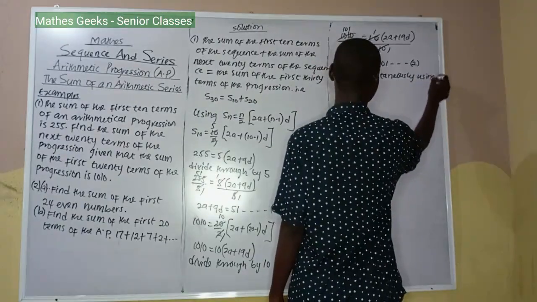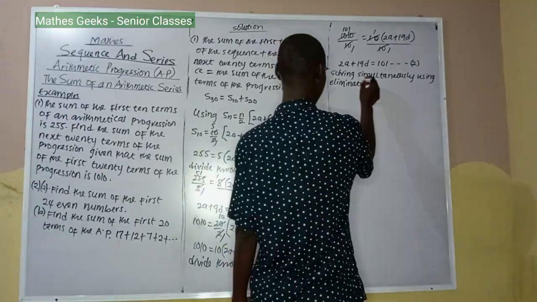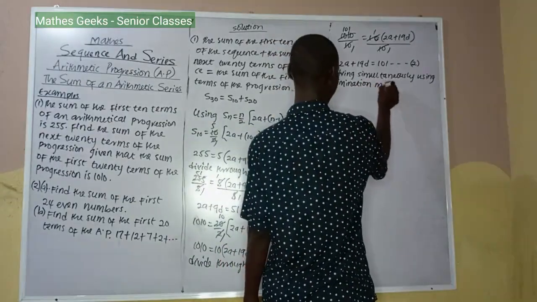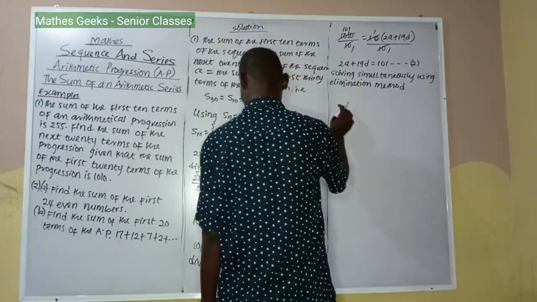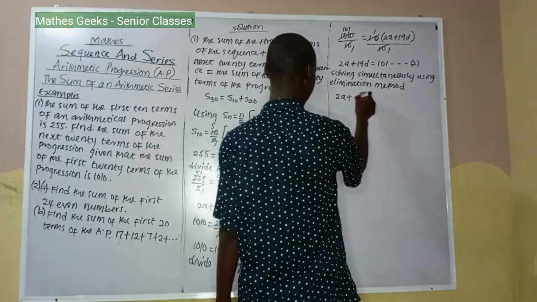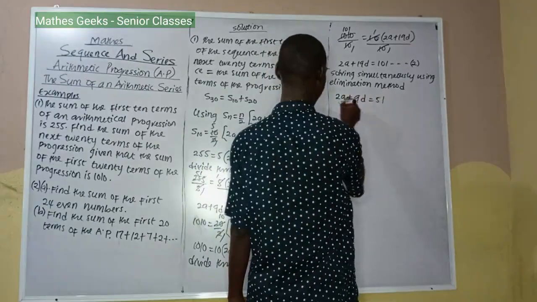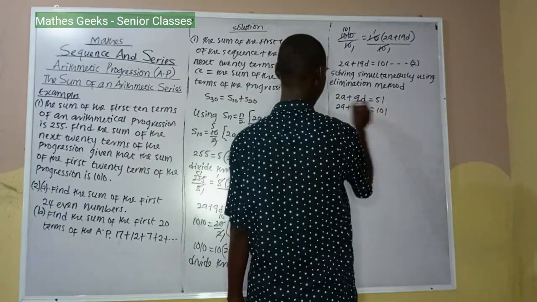Solving simultaneously using the elimination method. Equation 1 is 2a plus 9d is equal to 51, and equation 2 is 2a plus 19d is equal to 101.